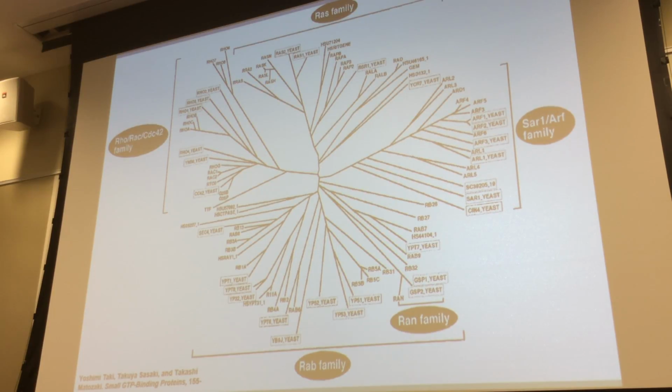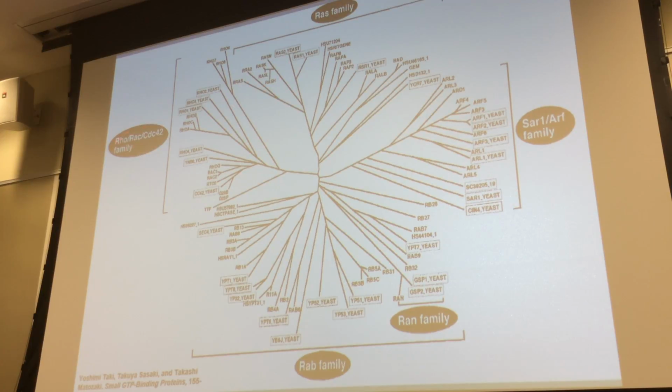So things that are very close to each other up here, like Rho A, Rho B, and Rho C, they diverged relatively recently in phylogenetic time, from each other. But they diverged very long time ago from the family that turns out to be the Rab family. So you see these diverged from their families all at these intersections that were quite some time ago.